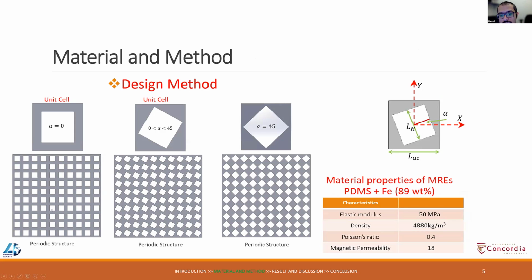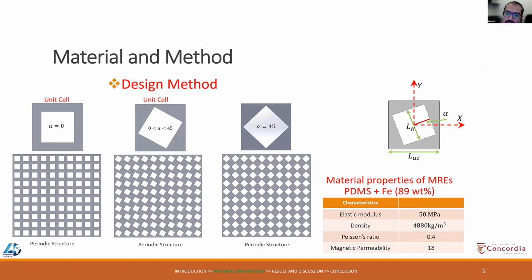And if I want to talk about the method in this structure, we already have a square unit cell that we can bring in a periodic structure, in periodic arrays.